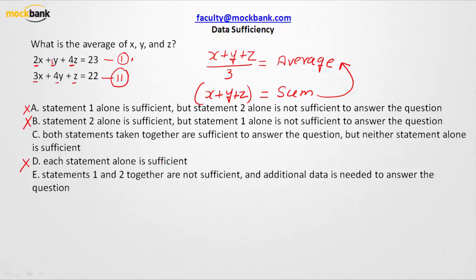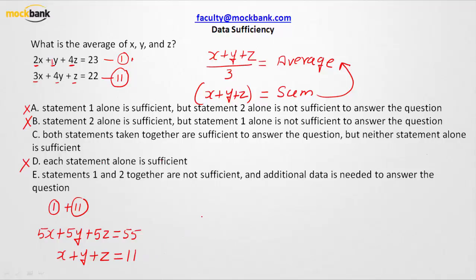Is it okay? Now let us try to use statement number 1 and 2 together. So what I am going to do, I am trying to find out the sum of 1 and 2. Can you appreciate that the sum would become 5x plus 5y plus 5z equals 55, and hence the sum of x, y and z comes out as 11.